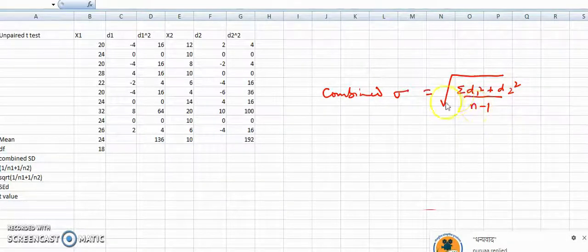Here there are two n, so n1 plus n2 minus 2 will be the degree of freedom. So this is how combined standard deviation is calculated.